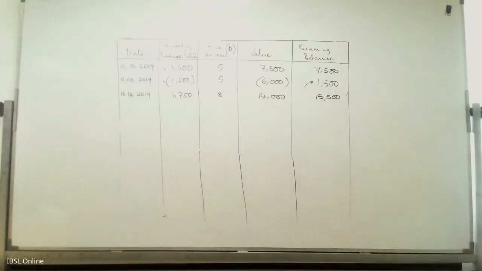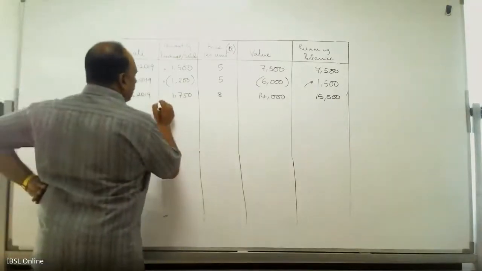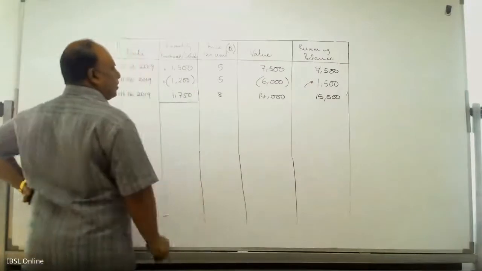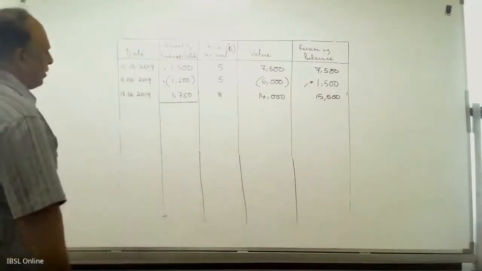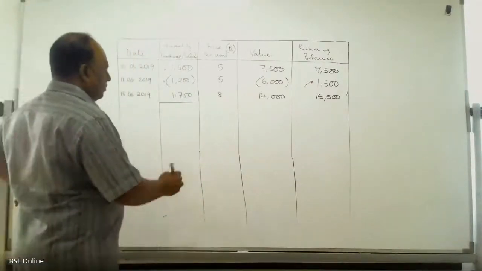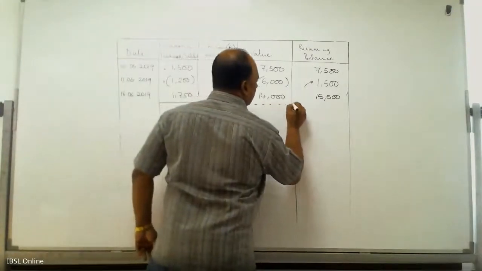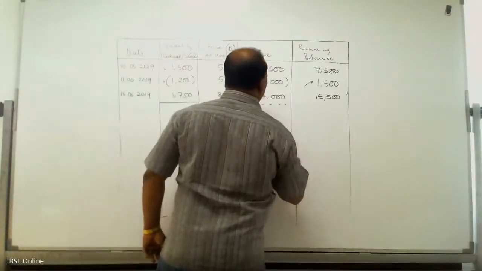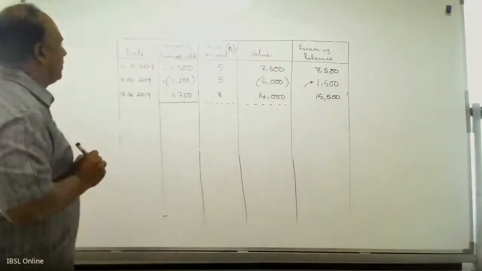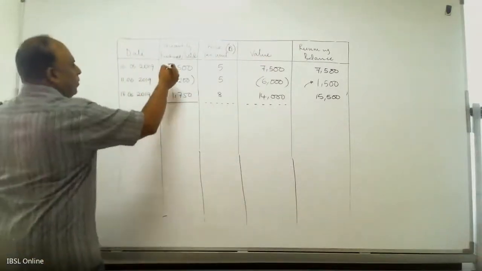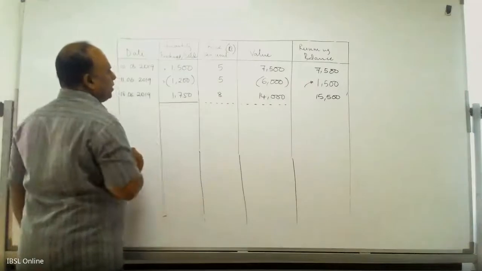It is on the 2nd of July where you are issuing 1,250. Now, before you get into this level, you have to do a small calculation. What is that? Now you have to look at what is your closing stock.